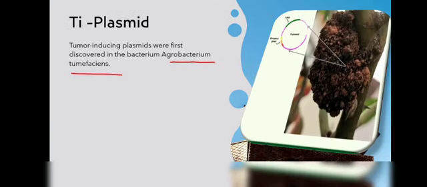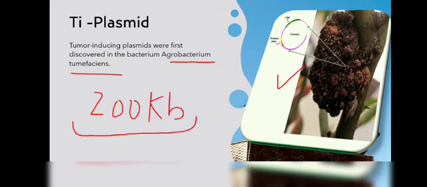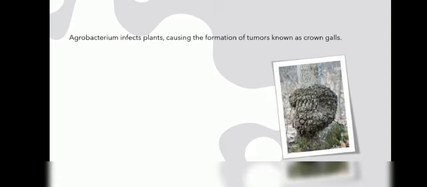The size of this plasmid is about 200 kb. This Agrobacterium infects plants and causes the formation of tumors known as crown galls.